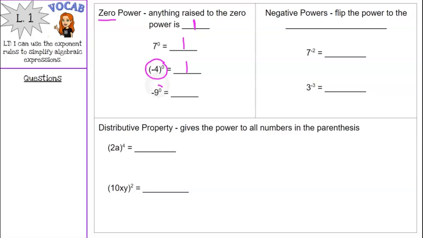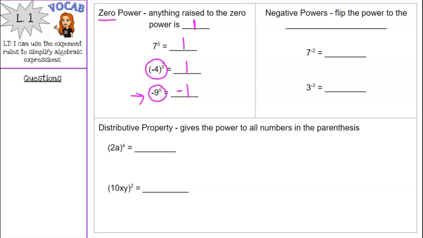If the negative is outside of the parentheses, as you can see here, we have negative 9 to the 0 power. This will be negative 1, because this is really the opposite of anything to the 0 power, and the opposite of positive 1 is negative 1. You can also test that in your calculator, and it will show you the correct answer.